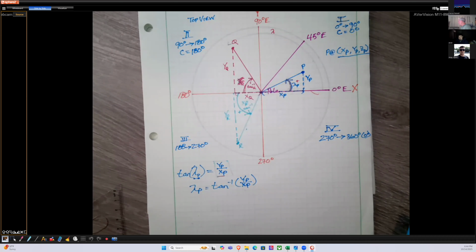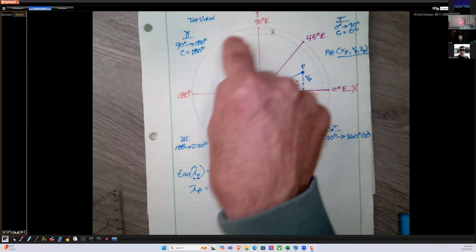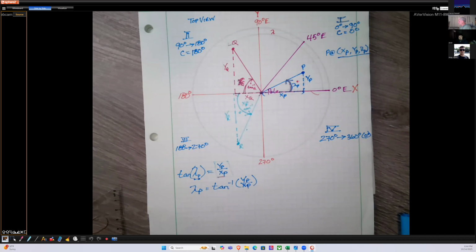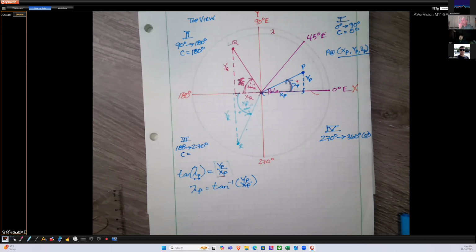So what would my C value here need to be in order to get this whole angular value? Well, in that case, it should be 180, right?